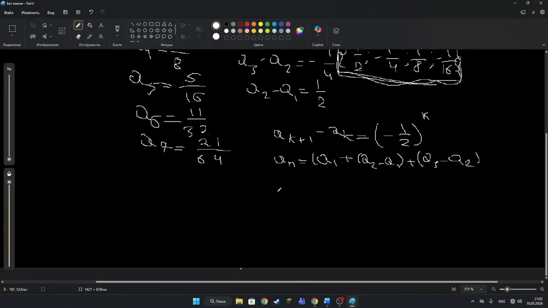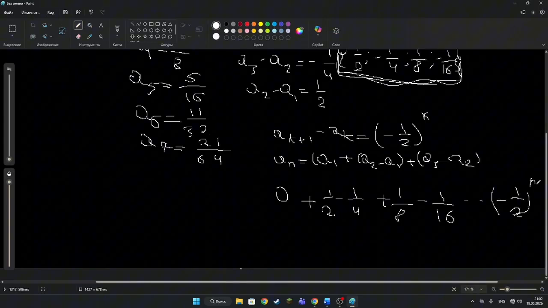It's 0 plus half minus 1 divided by 4 plus 1 divided by 8 minus 1 divided by 16, and so on, with ratio minus 1 divided by 2. So it's a geometric progression.